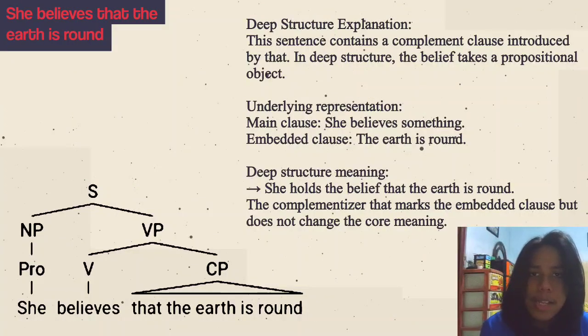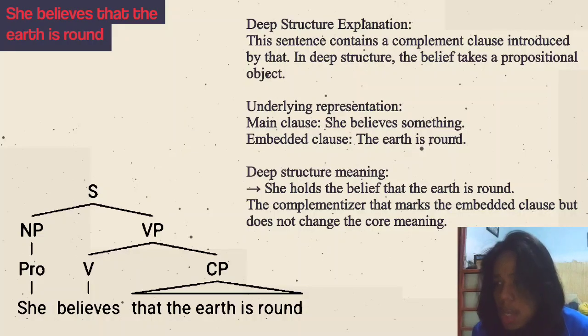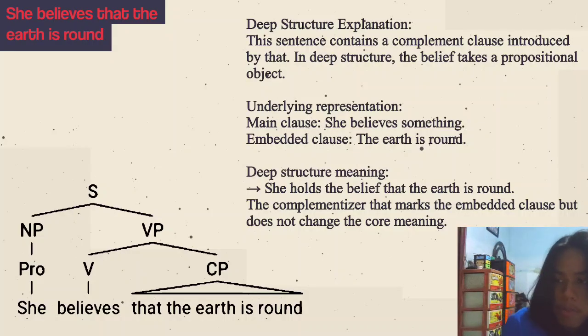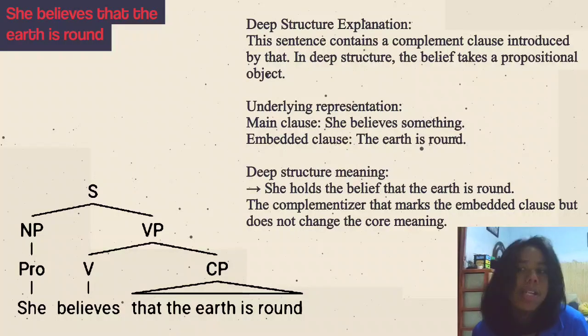Okay, the next sentence is she believes that the earth is round, and the structure of the tree diagram is like this. We have a pronoun she, which is a noun phrase, and we have the verb phrase believes that the earth is round. So the earth is round is a complementizer clause or complementizer phrase.